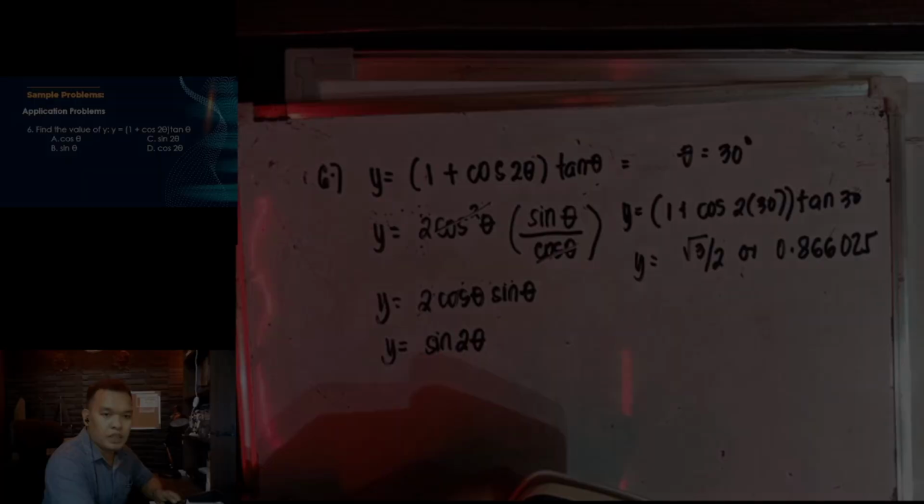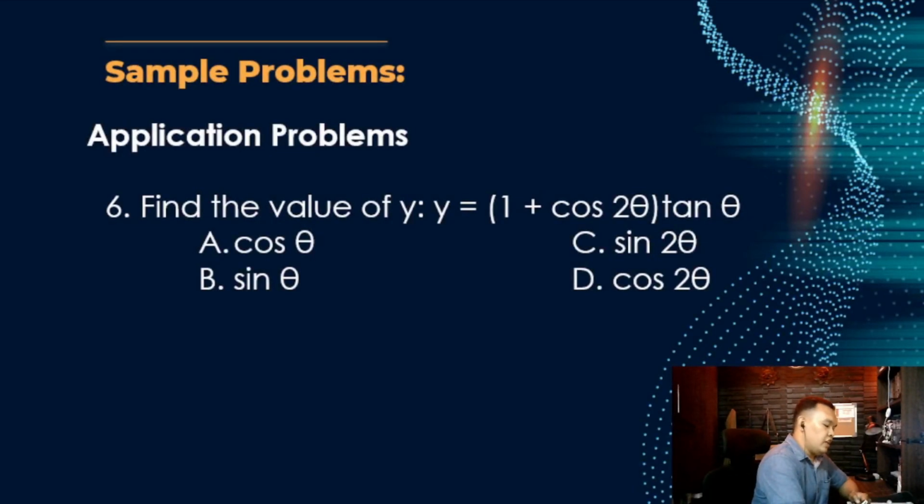Balik tayo sa choices. So we have here A is equivalent kay cosine theta, B is sine theta, C is sine 2 theta, D is equivalent kay cosine 2 theta. Check natin kung ano yung magkakapareho. Lagyan natin cosine 30 kasi ang nilagyan natin theta dito is 30. So cosine 30 is equivalent kay pareho 0.866025.